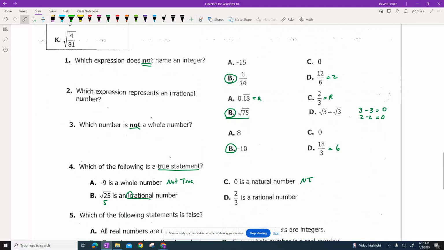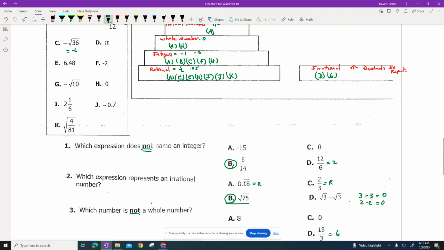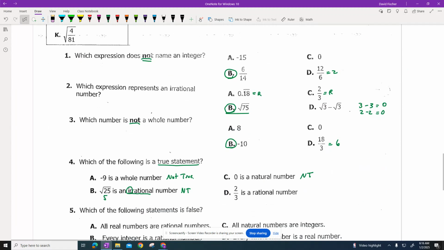So that's not true. 2/3 is a rational number. Well, 2/3 is a fraction, so it starts right here in the fraction category. Even if it's repeating, 2 divided by 3 gives you 0.666666. So that is a true statement.